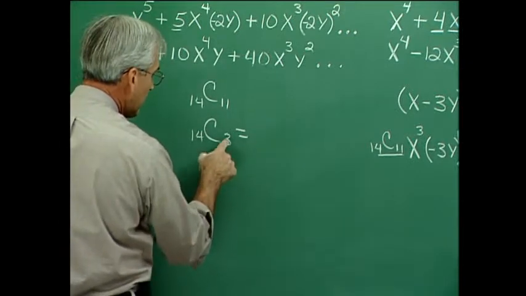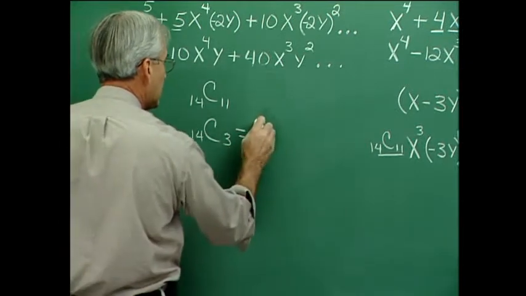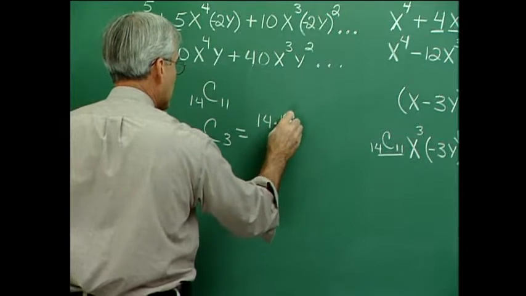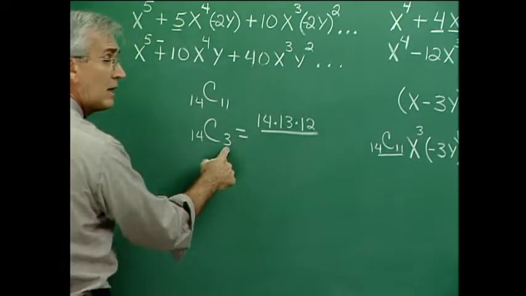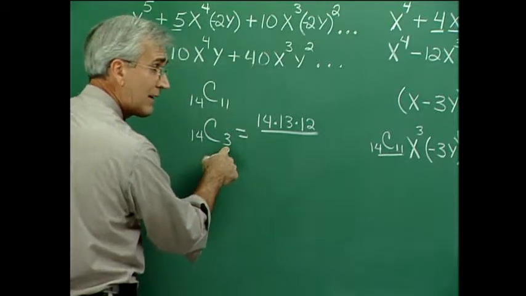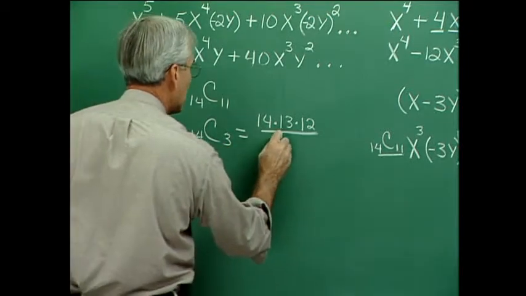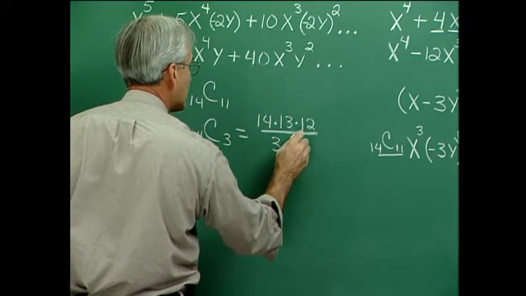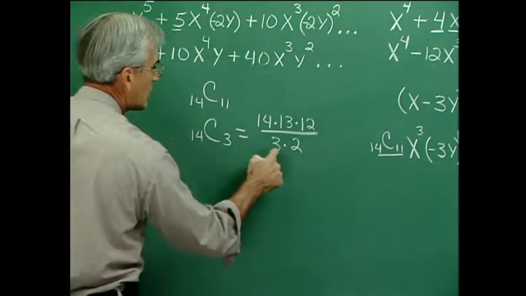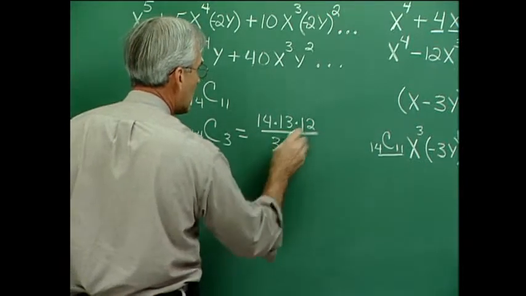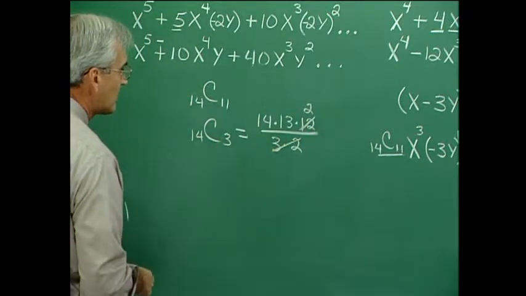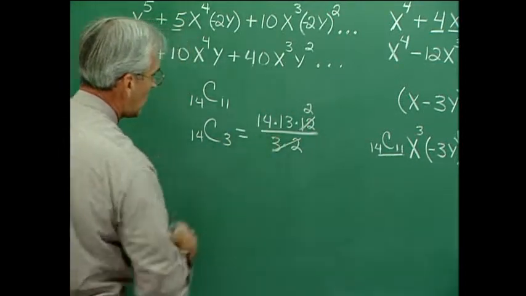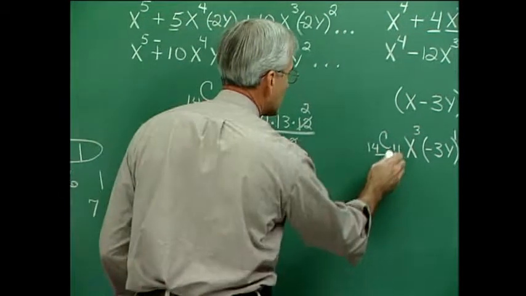So in the numerator we have 3 factors starting with 14. So we have 14 times 13 times 12. And in the denominator we have 3 times 2 times 1. We have 3 factors, but it's simply 3 factorial. So I'll just write it as 3 times 2. Now 3 times 2 is 6, and 6 goes into 12 2 times. So we have this. And now we just multiply these rascals, and I believe when the smoke clears on this it turns out to be 364.